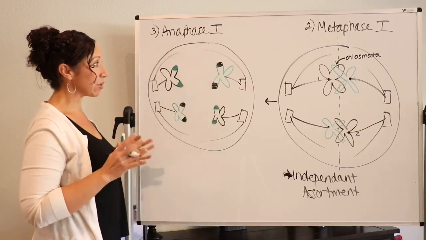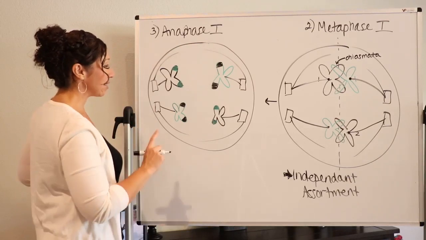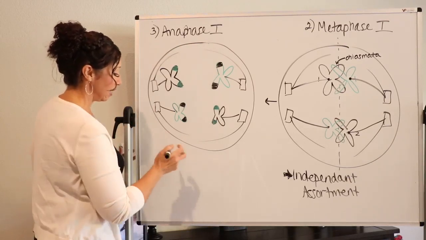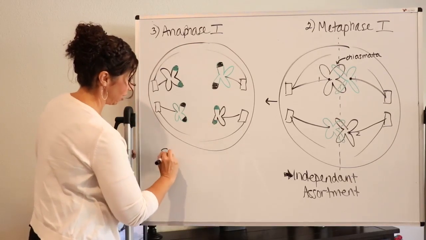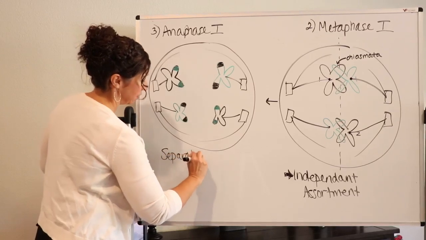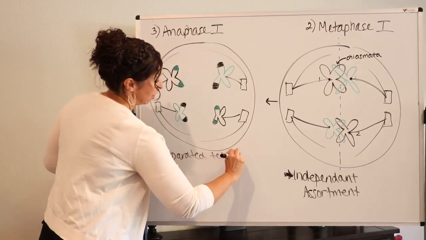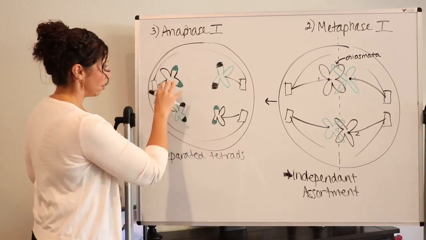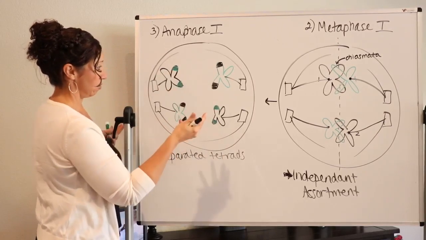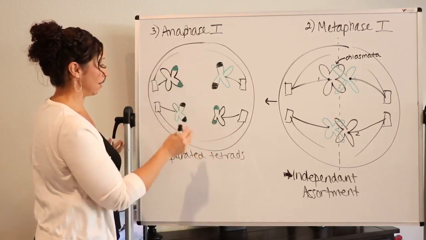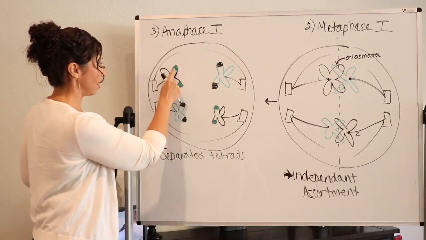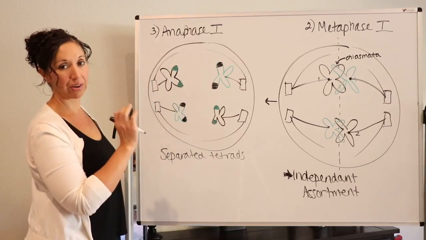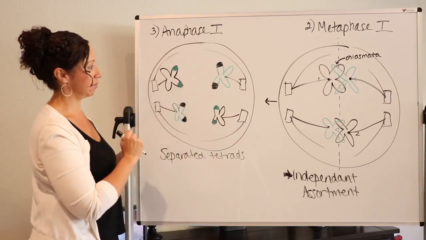It's very similar but very different at the same time, because now what we have done is we've separated the tetrads, and our chromosomes are now non-identical at this point. This chromatid does not match this chromatid anymore. We have non-identical sister chromatids.